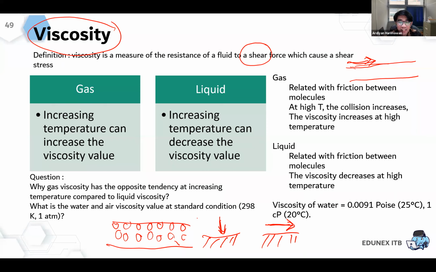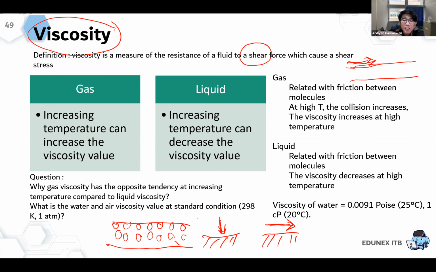That's why the fluid will give some resistance when it experiences a shear force. I hope you can understand the visualization.